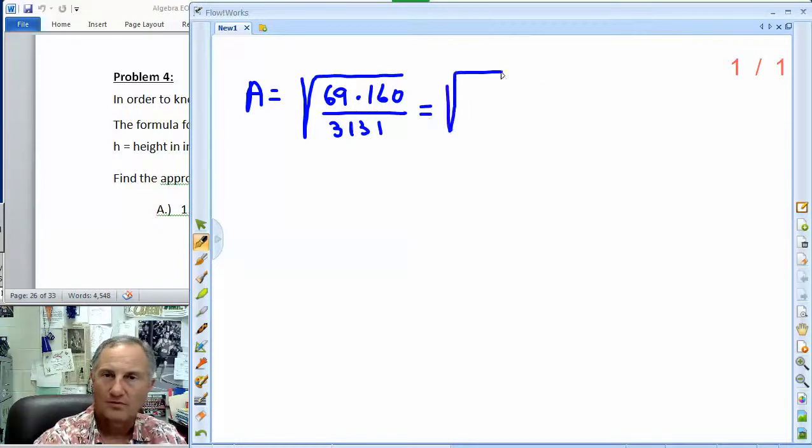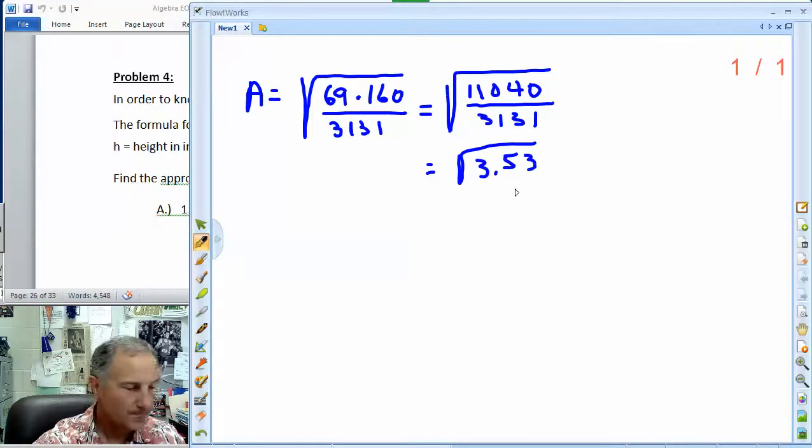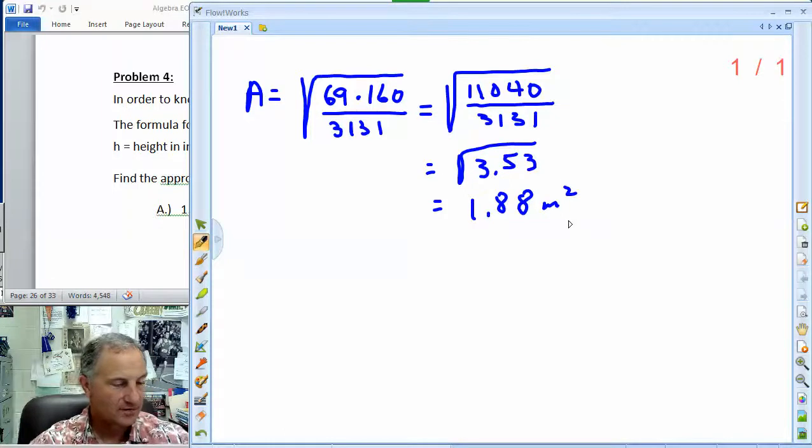We multiply what's inside. 69 times 160 is 11,040. And I figured that out beforehand. Divided by 3131, that's going to give us 3.53. You look at the answers, there's a 3.53, but we need the square root of it, which is 1.88 meters squared when you round it. So the answer there is C, answer C.